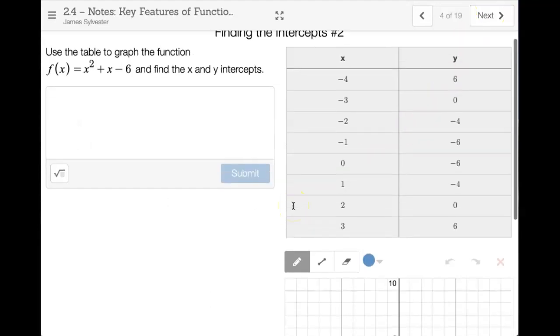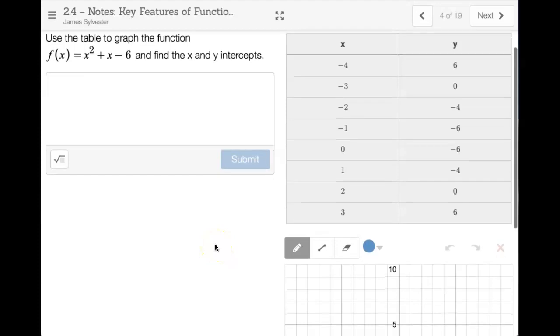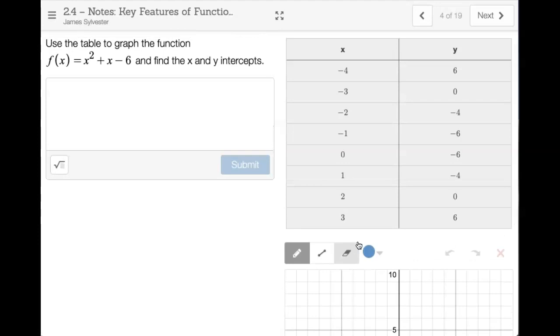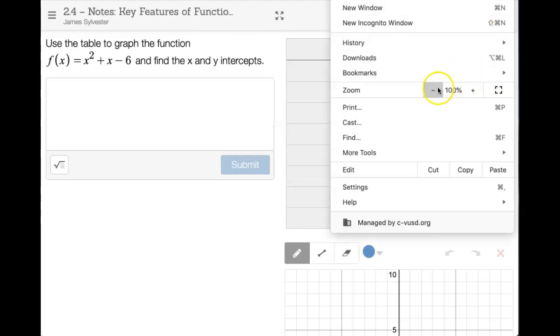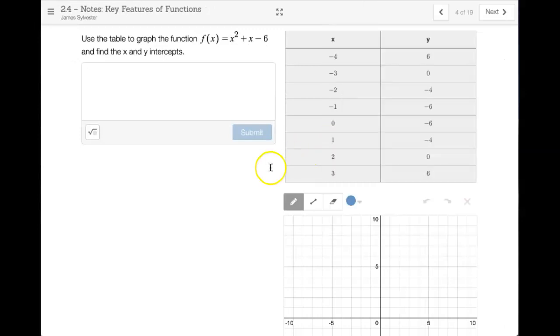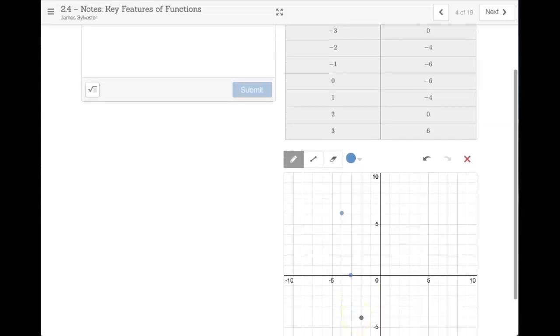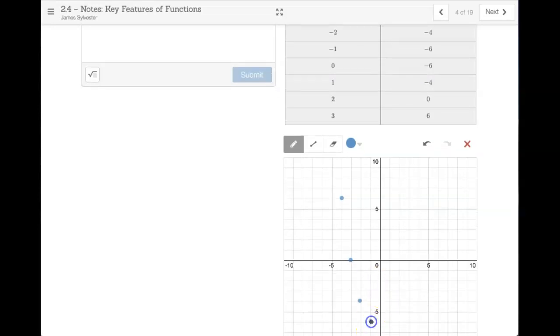This next one is pretty much the same, and I'll go ahead and graph these points now. -4, 6, let's see if I can zoom out a little so I can see it. So -4, 6, that's left 4 and then up 6. -3, 0, that's left 3 and stay there. -2, -4, that's left 2, down 4. -1, -6, left 1, down 6.